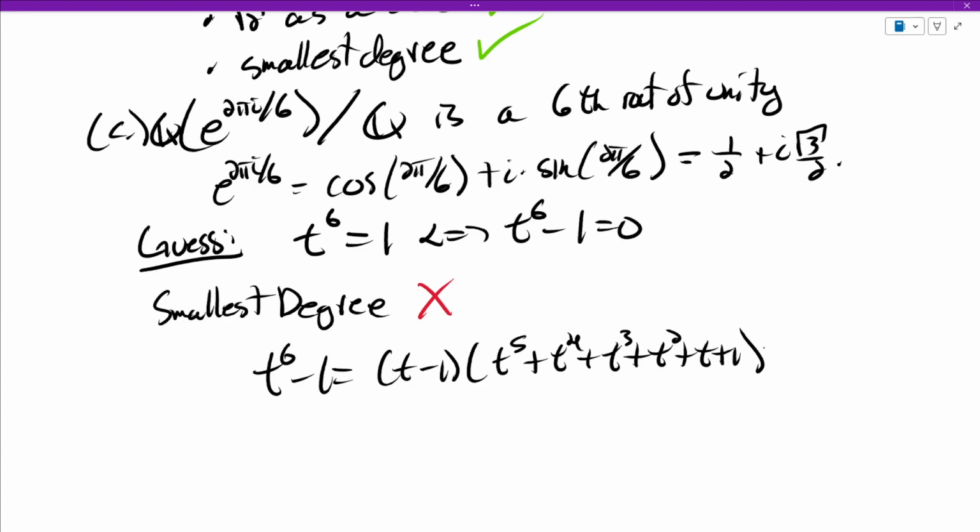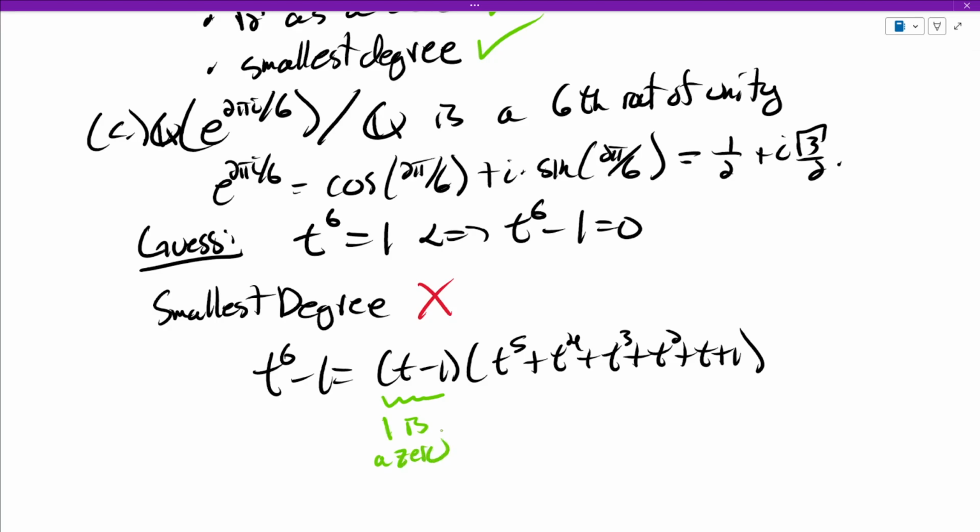And I know that all six roots of unity are roots of the polynomial on the left. So some of them have to be roots of the terms on the right, right? We all have to divvy up the 6 among these. I know that 1 is a 0 here.